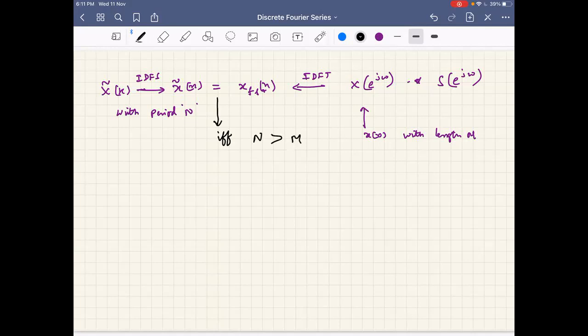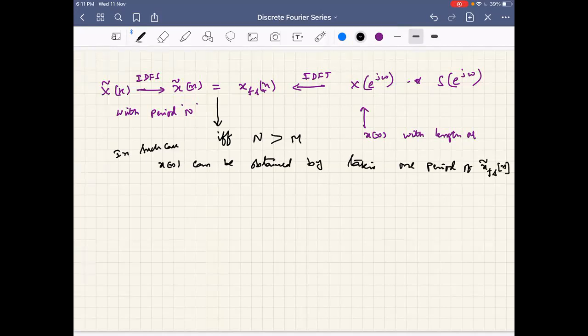Right? So to start with, if you take one period of x tilde of n, you will be getting x of n. So in such a case, x of n can be obtained by taking one period of x tilde of n or x tilde of fs of n.